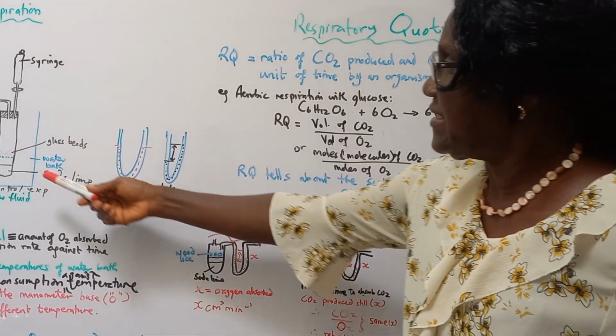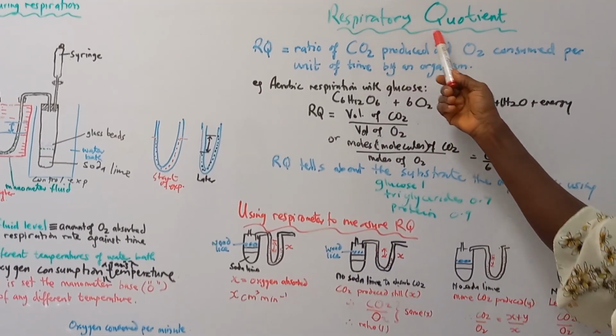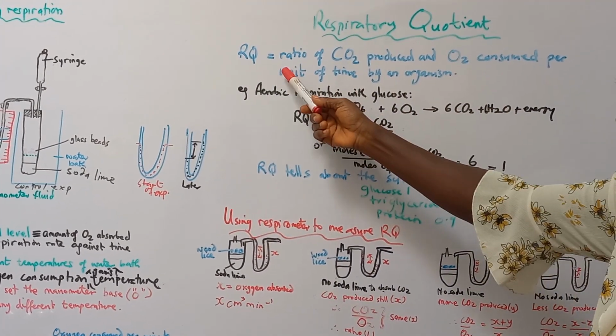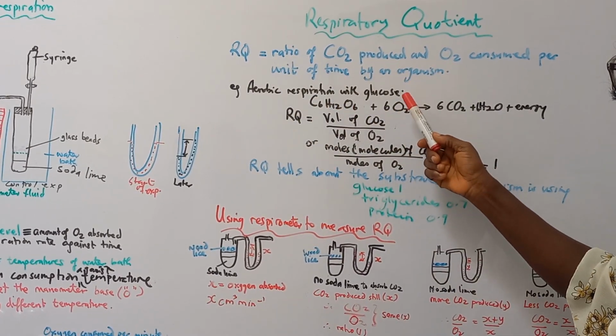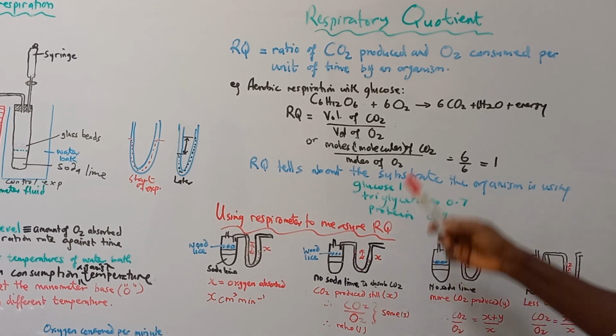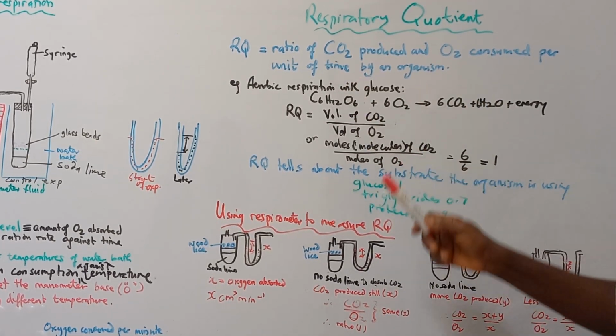Now, the manometer is also used to calculate the respiratory quotient. The respiratory quotient is a ratio of carbon dioxide produced against oxygen consumed per unit time by an organism.